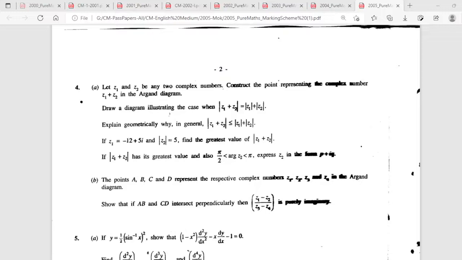Let C1 equals x1 plus iy1 and C2 equals x2 plus iy2 are represented by P1 and P2 respectively in the Argand diagram, right?